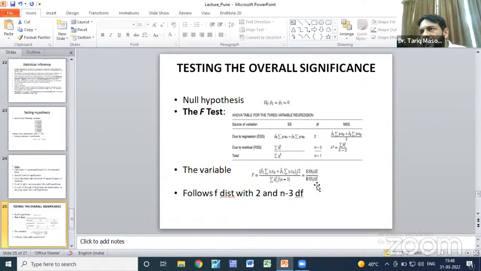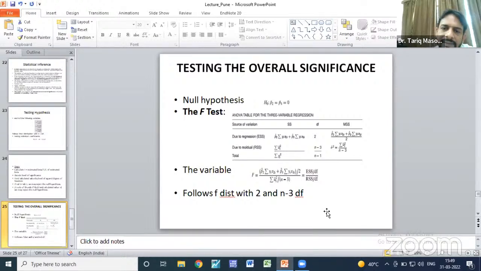You know what is explained sum of square, you know what is total sum of square. Residual sum of square is that portion of Y which is unexplained by all the X. So it is residual sum of square. The calculated F value is basically the ratio of ESS and its degree of freedom divided by RSS and its degree of freedom.